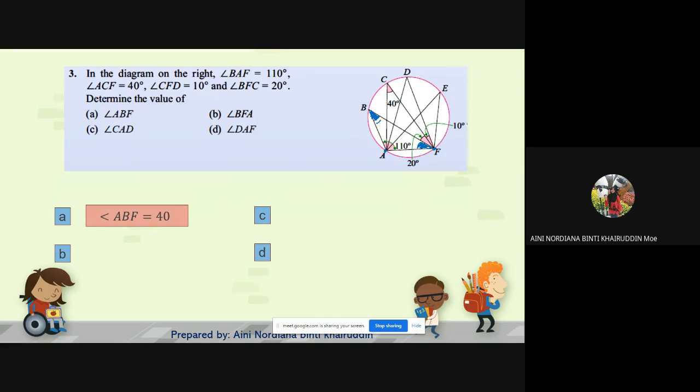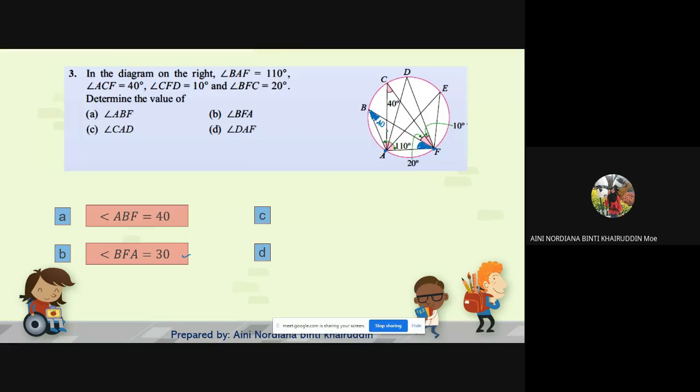Just now is 40. So 180 minus 110 minus 40, then you will get this angle, which is 30. Okay, angle C, CAD.